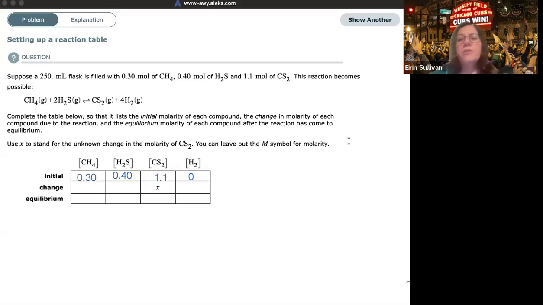To work out the change row, you're always going to look at your balanced chemical equation and just substitute in X in terms of the change in number of moles or concentration of one of the reactants or products. So it's usually best to let X equal one of the reactants or products whose stoichiometric coefficient is 1 in order to make the math a little bit easier.